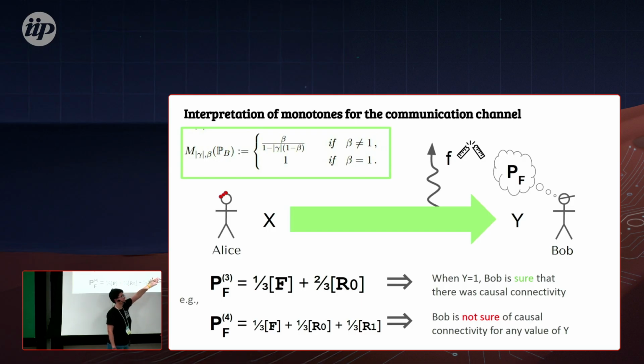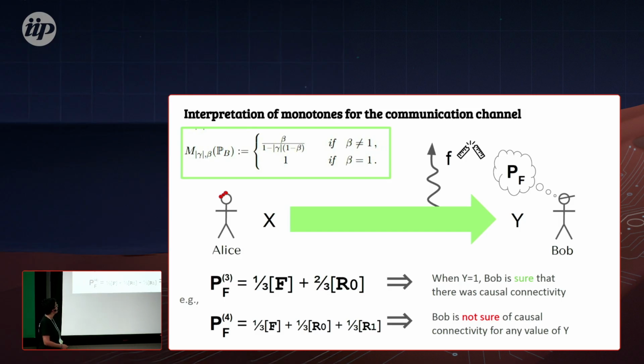So if I post-select on y being equal to 1, I know that in this round it came from this. However, here it doesn't matter: if I post-select on 1 or 0, he's still not sure if it came from the sector without causal influence or the sector with causal influence. So this is also a reason why you would think that this is more valuable than this.